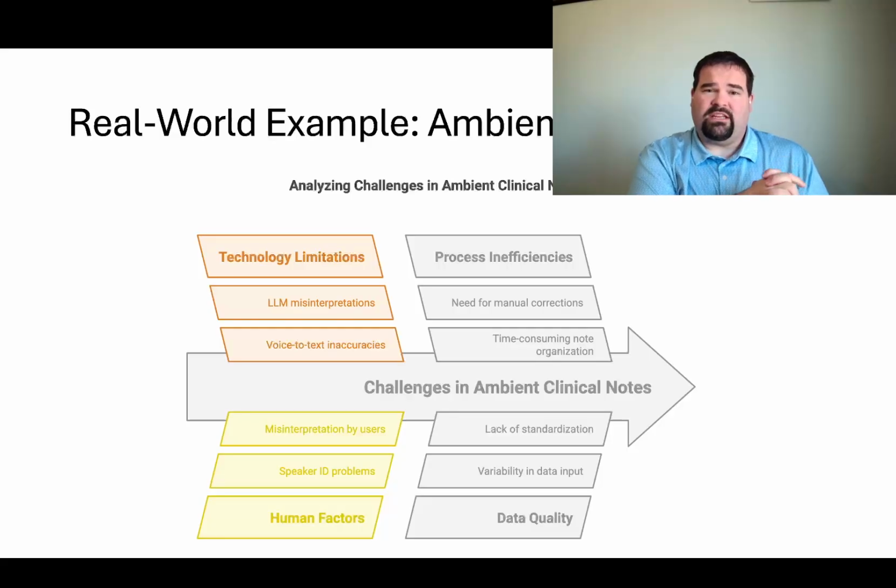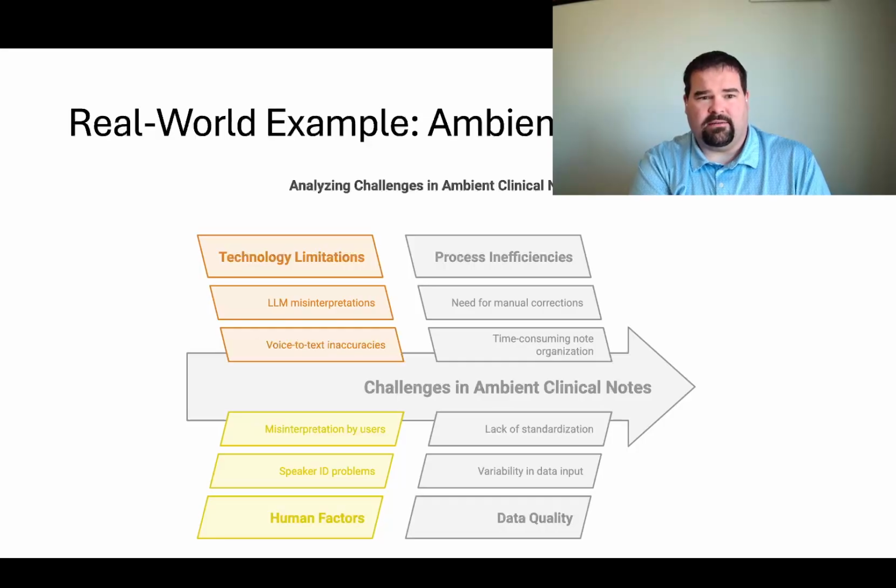This is where we just record everything going on in the patient's room and we apply a model to take that audio, turn it into text. Then we take a large language model that has been given some strong prompting so that it can take that transcription and push it into actual clinical notes.